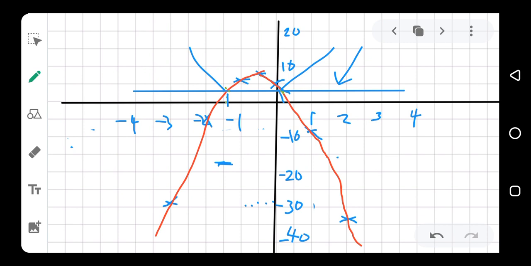I got this by tracing it down here. I'm just looking at minus 1.4 and 0.2, while the accurate value is minus 1.45 and 0.25. So that is how to draw it.